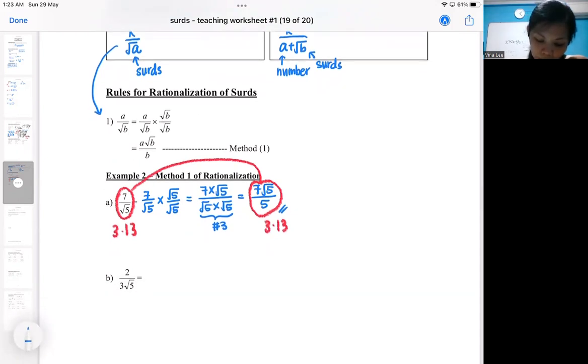So in the next question, the surds that we would like to remove is still the root 5. So it will be root 5 times root 5, top times top, bottom times bottom.